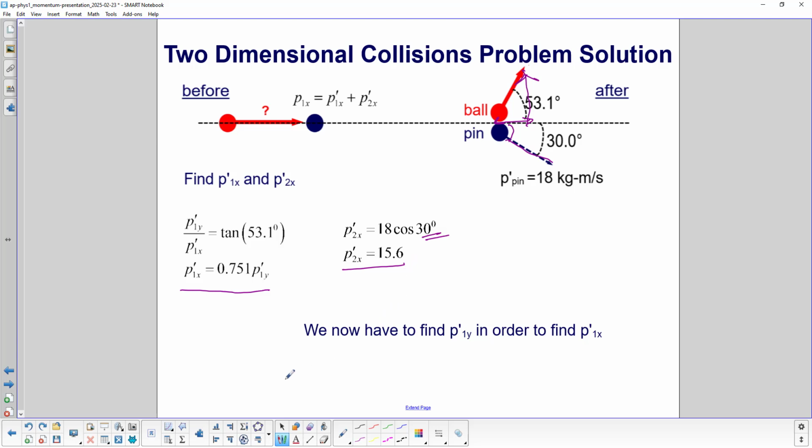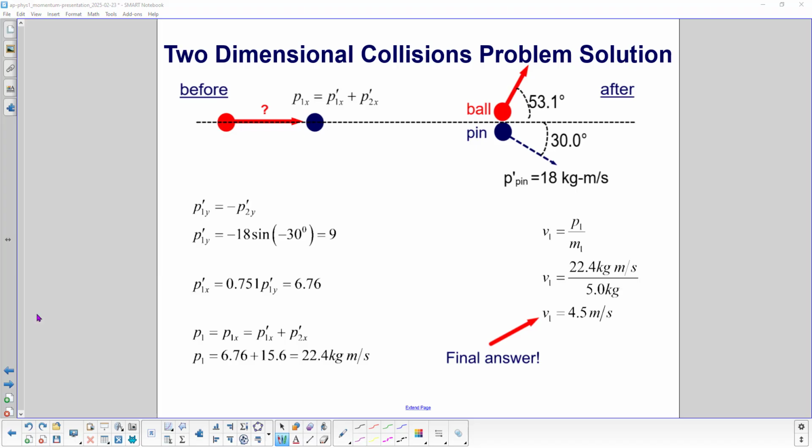We now have to find p'1y in order to find p'1x. From previous slides, p'1y is equal to minus p'2y. So we substitute in the hypotenuse, 18, and the angle, which is 30, and we take minus 18 sine of negative 30, which is equal to 9.